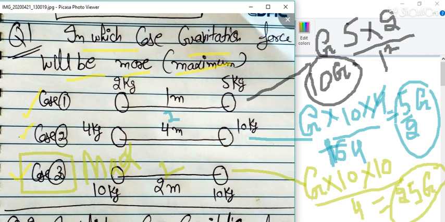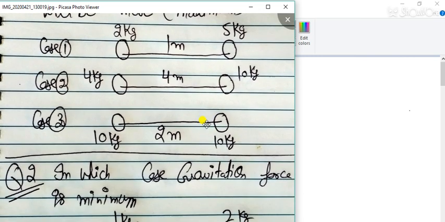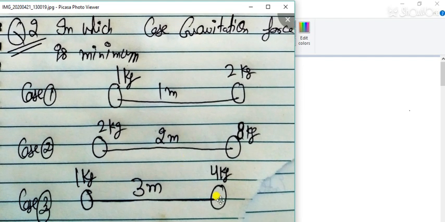So students, I hope this question is clear to you now. Now we are moving to the next question. Our next question is similar to this one. In the next question it is asked in which case the gravitational force is minimum, so you have to tell the minimum.